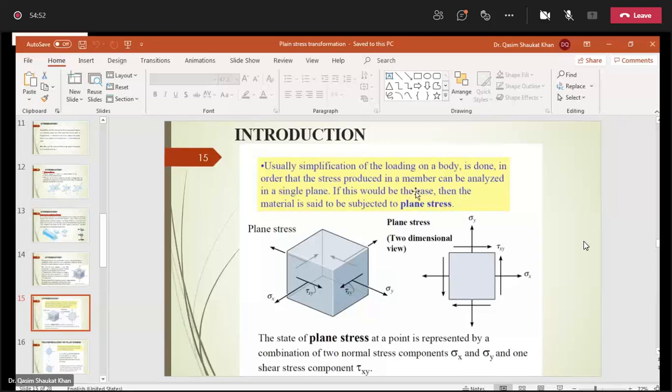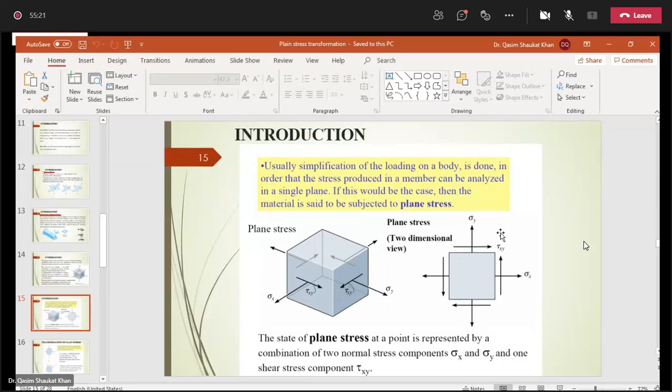So simplification of the loading on a body is done in order that the stress produced in a member can be analyzed in a single plane. If this is the case, then the material is subjected to plane stress. Our overall case is plane stress, and as the name of the chapter indicates, plane stress transformation, we will basically be working on plane stresses.